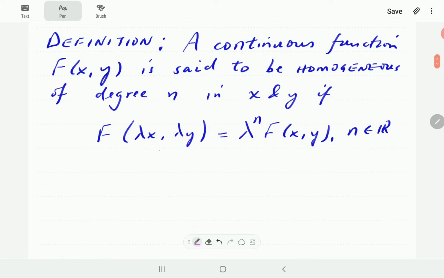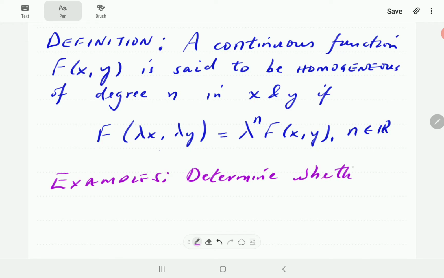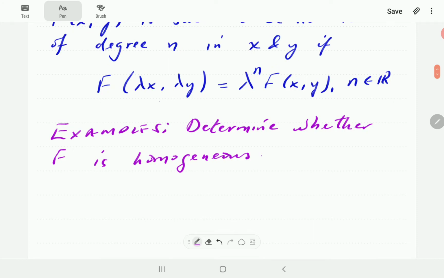Okay, so let's look at some examples of how this works out. In these examples we're going to determine whether the given functions are homogeneous or not. So determine whether f is homogeneous.